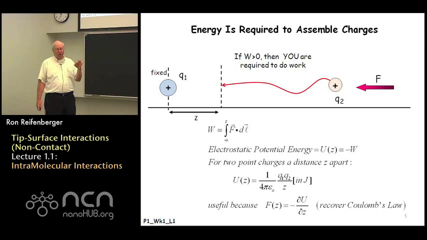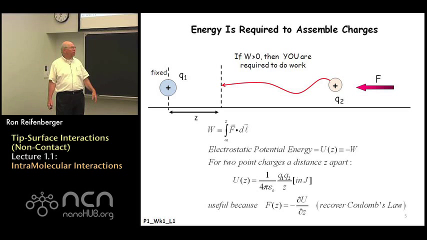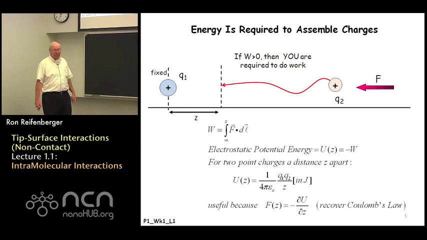So, for instance, in the case of two point charges, the interaction potential energy varies as 1 over the separation between the two charges, and it depends on the product of the two charges, Q1 and Q2. Coulomb's law can be straightforwardly recovered from this expression by just taking the negative derivative of it, as I've indicated in the last equation on this particular slide.